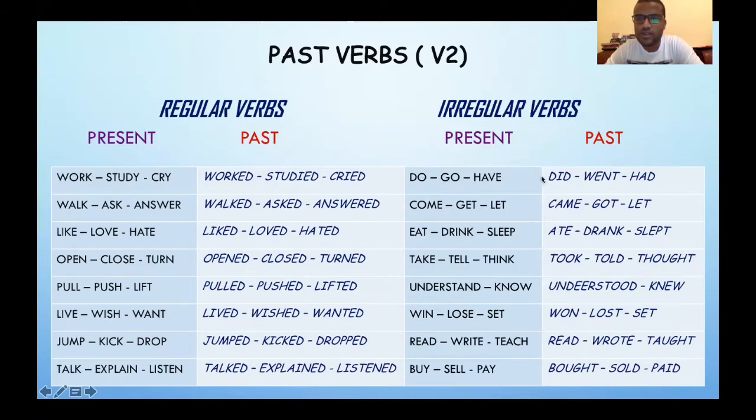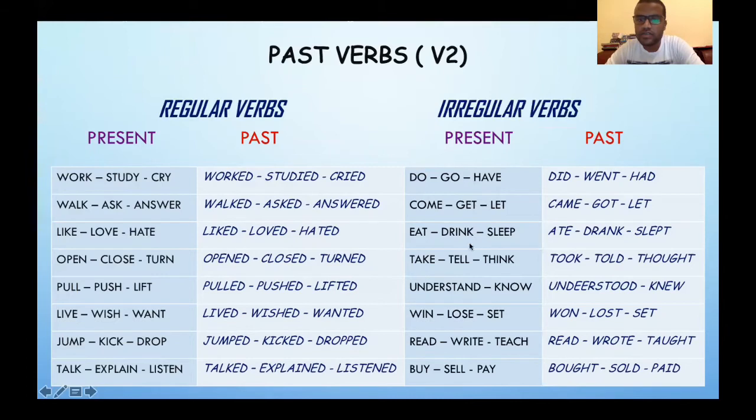We have do, did, go, went, have, had, come, came, get, got, eat, ate, drink, drank, sleep, slept, take, took, tell, told. These verbs are irregular.